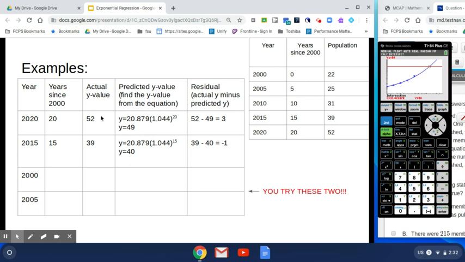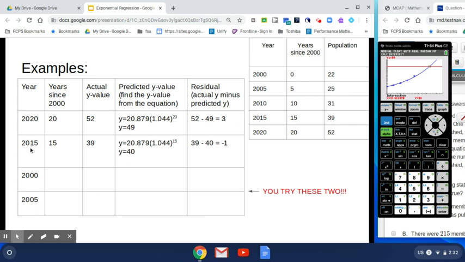So we see that there's a difference there. The actual birds was 52. The predicted number of birds is only 49. So the residual is the difference. I take the actual minus the predicted, so 52 minus 49, and that gives me a residual of 3.